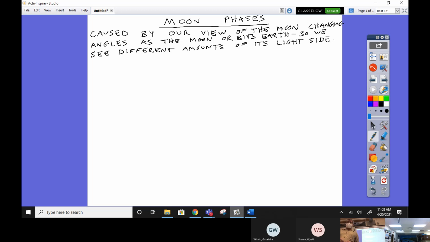So as the angles are changing, we end up seeing different amounts of the light side of the moon. Now, of course, the same amount of the moon is always lit up. It's always half in light and half in darkness. The side facing the sun is always completely lit, and the side away from the sun is always completely dark. But sometimes we're looking at the nighttime side of the moon. Sometimes we're looking at the daytime side of the moon. Sometimes it's half and half.